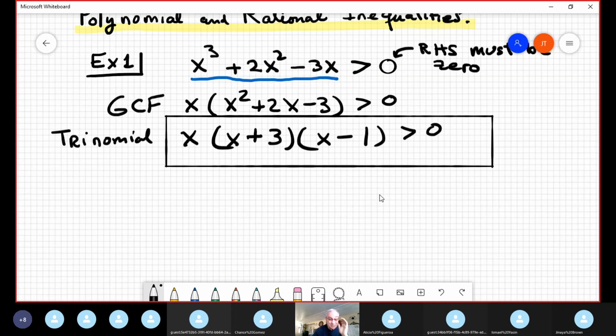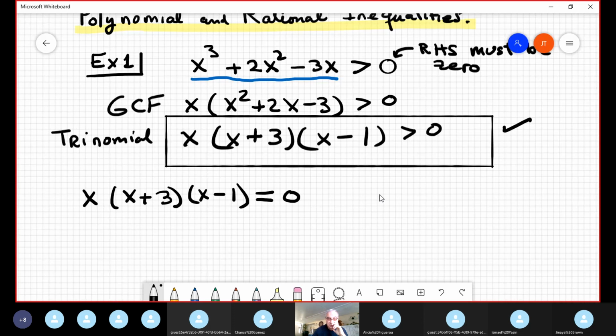The next step is temporary: you convert the inequality to an equation. I know that this is not the same, of course, but this solution helps me to understand the solution of this inequality. It's easy because this is already factored, so each factor is equal to 0.